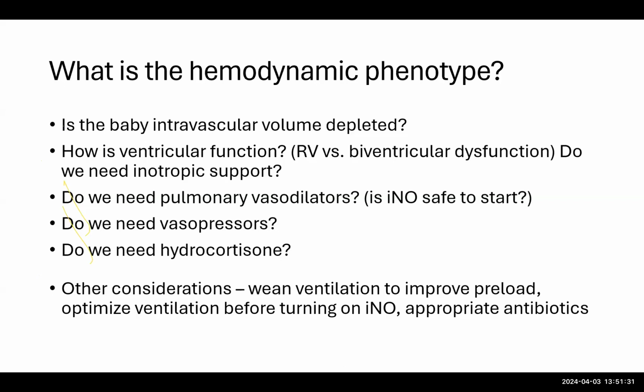So we have to go through this kind of mental exercise before we decide what we are going to treat. And of course, the general considerations: you may have to wean the ventilation, avoid over-ventilation to improve the preload. You have to try to improve the ventilation before turning on the nitric oxide to optimize the impact of the nitric oxide on the VQ mismatch.